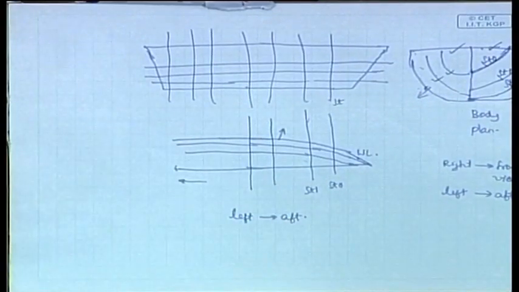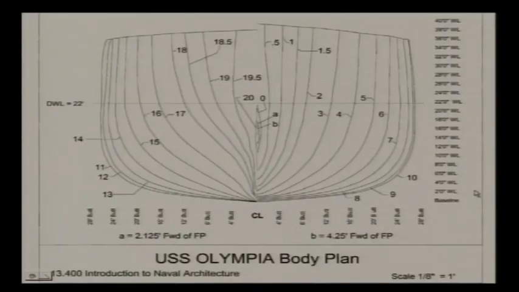Now, let us look at some figures. For example, this is a body plan of a cruise ship. You can see in the body plan they have numbers with points, so you can have station 0.5, which means a station between station 0 and station 1, at the exact middle point.